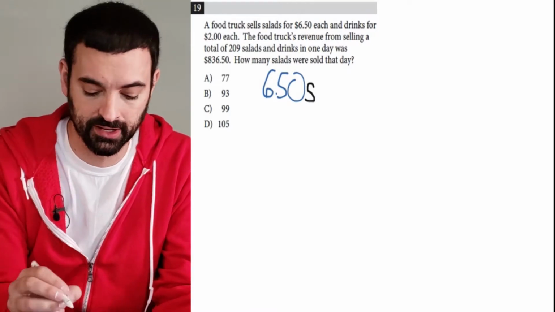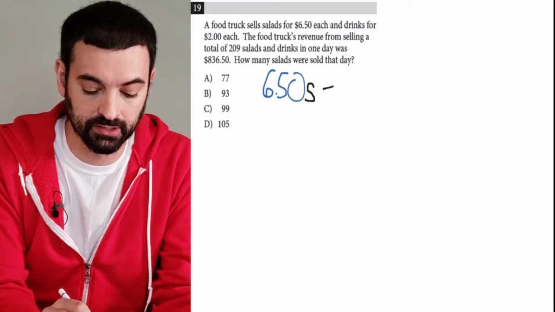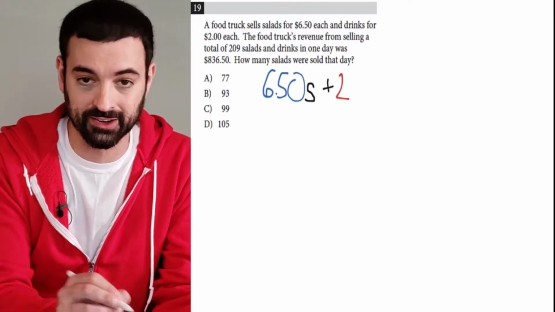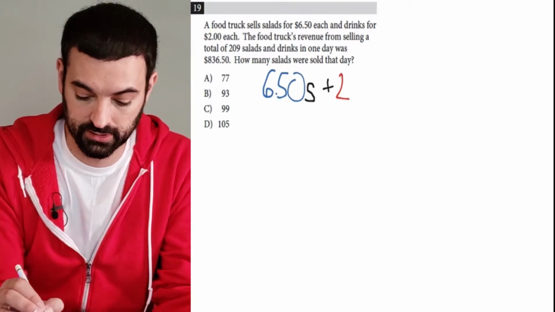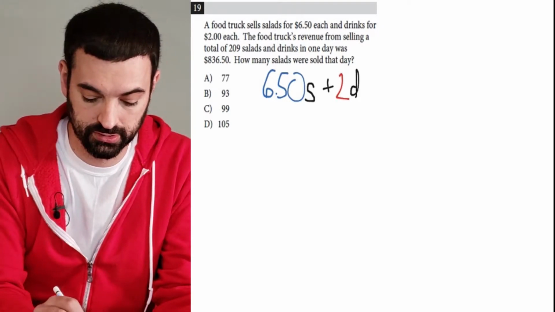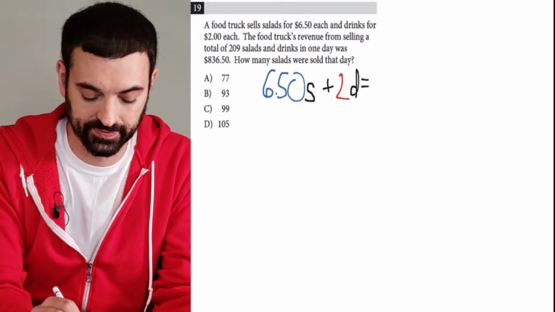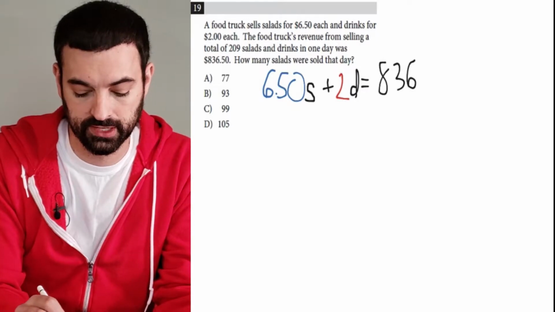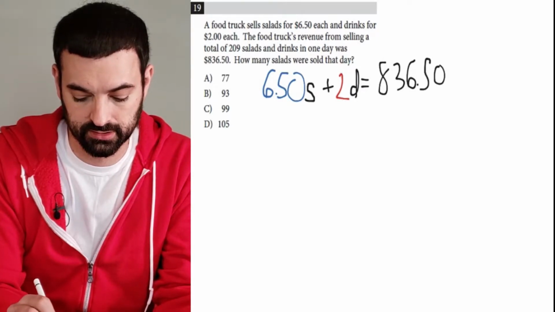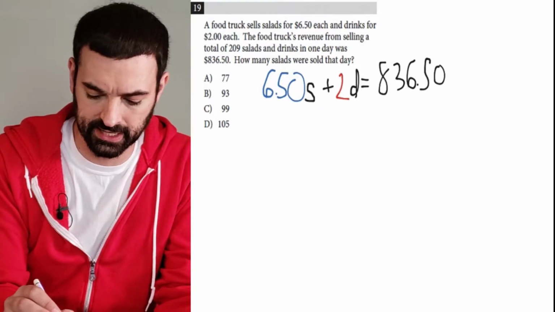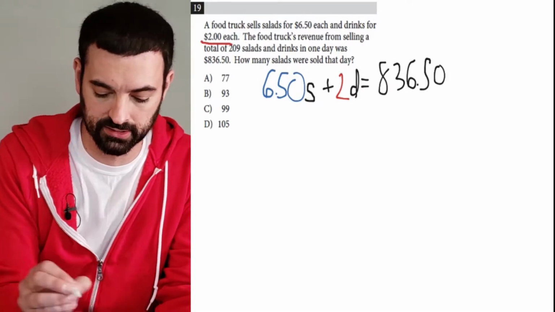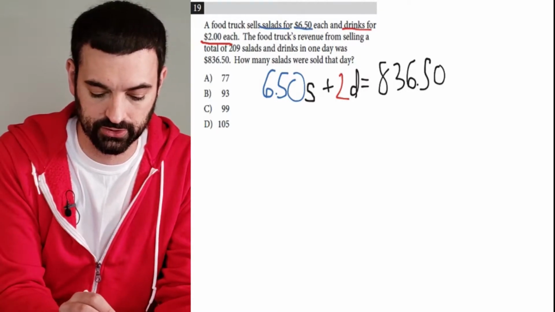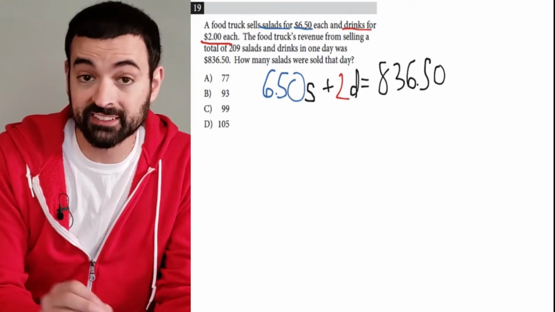It's an S, trust me. 6.50S plus $2 for each drink equals $836.50. And again, our $2 is $2 for each drink, and our $6.50 is $6.50 for each salad. All right, so that's the money line.